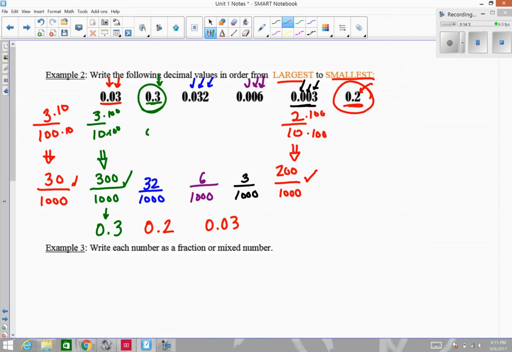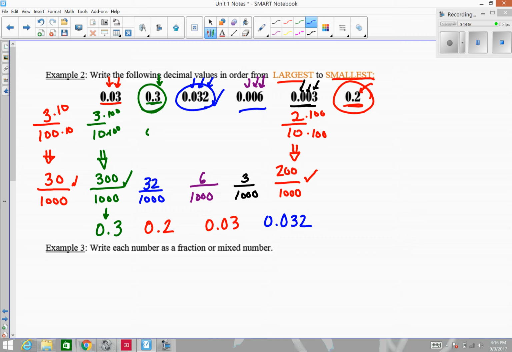And then now we're left with 32 thousandths, 6 thousandths, and 3 thousandths. The next largest is our 32 thousandths, and that is equivalent to 0.032. And then 6 thousandths comes next.